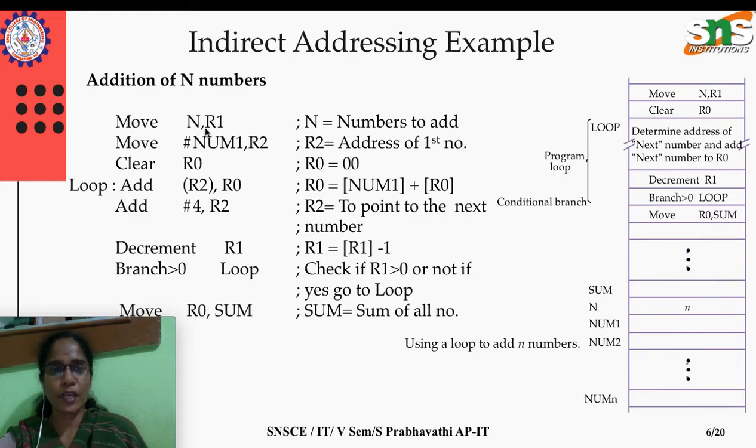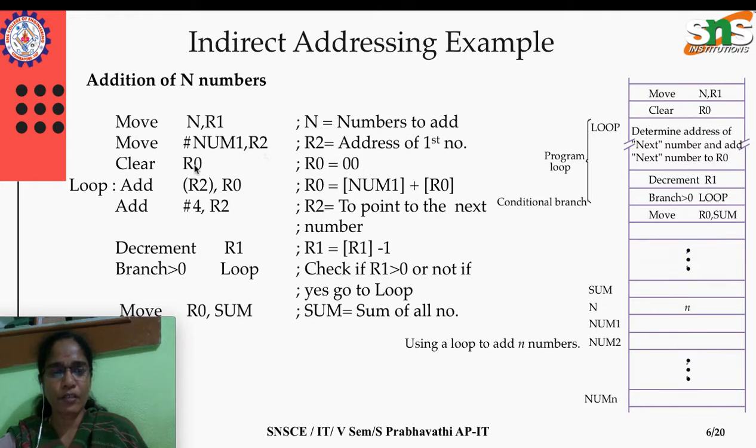So move n comma r1, where n is the total number of values we need to add. Take an example as 3. If n holds the value 3, that is assigned to register r1, and move hash number 1 comma r2. Here the pound symbol number 1 is the address of the first operand, and this address is moved to r2.